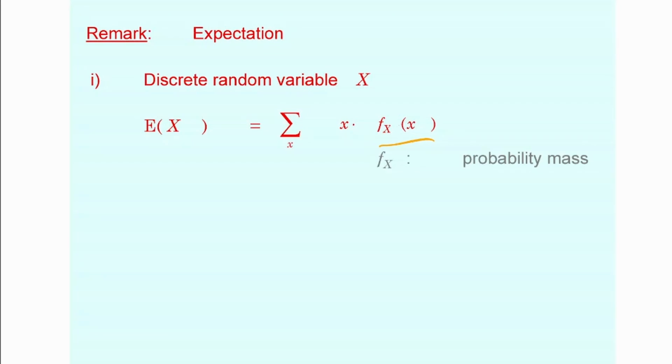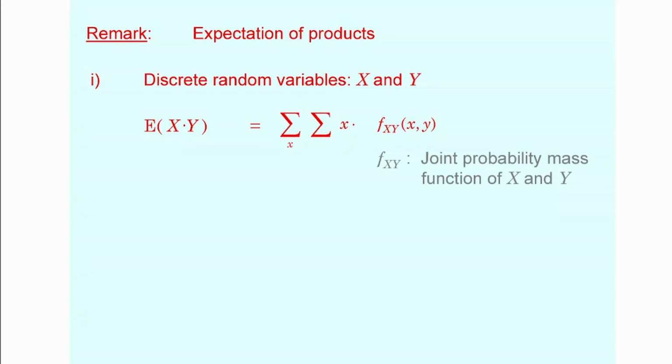There's nothing new. Now, if you consider the expectation of a product, let's say the expectation of x times y, you need to have the so-called joint probability mass function. To put it in short terms, you need to have the joint distribution.